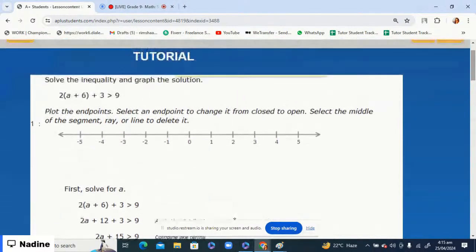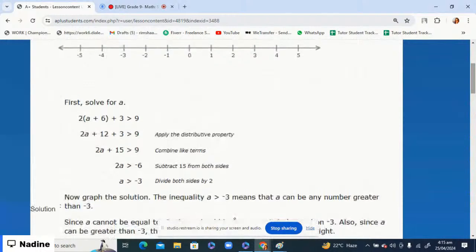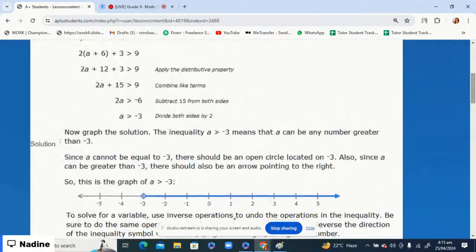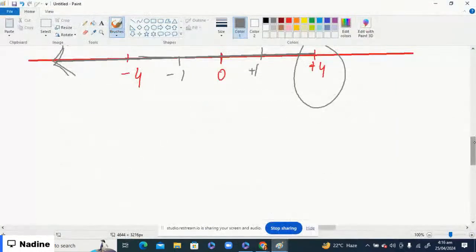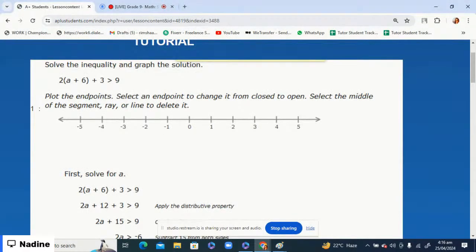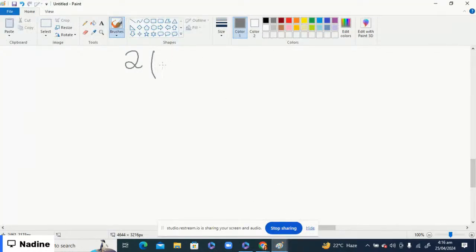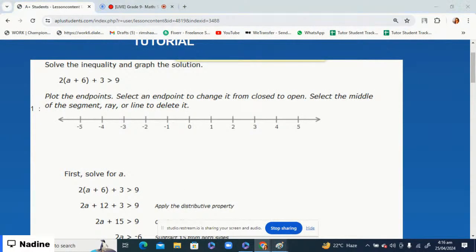Here is the question: 2 into a plus 6, plus 3, is greater than 9. Let's solve it. Let me write the question. 2 into a plus 6 plus 3 greater than 9.